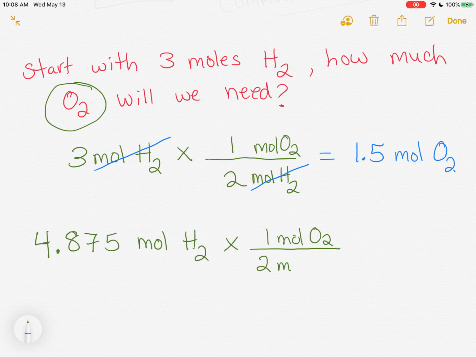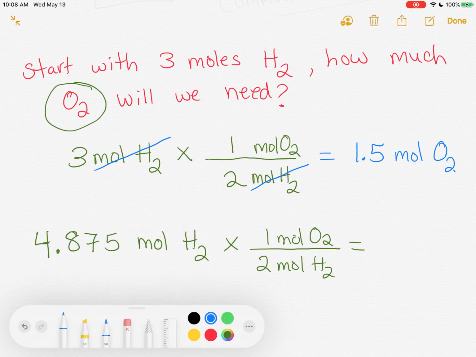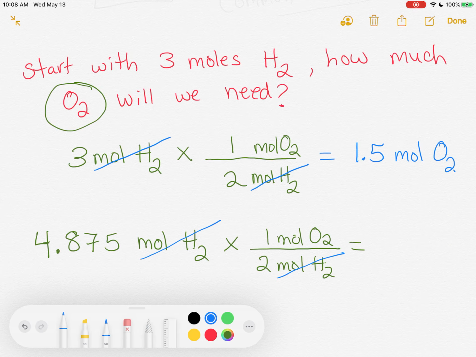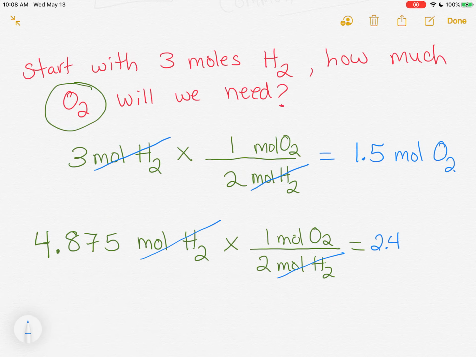We use the same conversion factor here because we want to know how much oxygen that's going to take. And so again, we're using that conversion factor so we can cancel out the moles of hydrogen. And so then when we do that math, we do 4.875 divided by 2. We get 2.438 moles of O2.